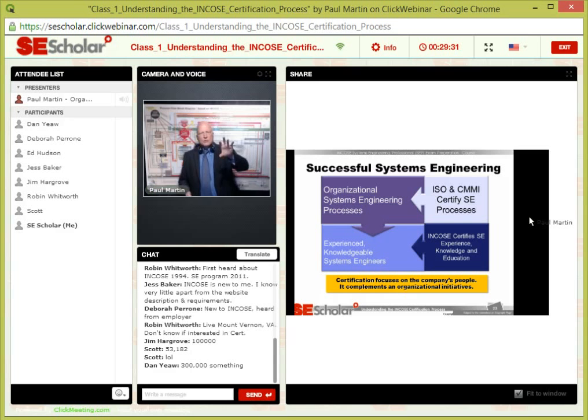So they would get certified by like ISO or CMMI. If you guys know what those are, ISO 9000 is a quality standard. CMMI is the Capability Maturity Model Integration. Those are the type of things you can actually certify your processes for your company.